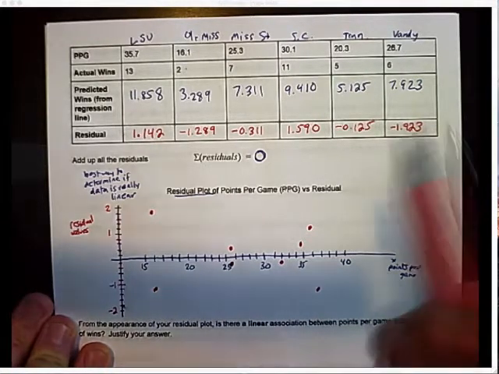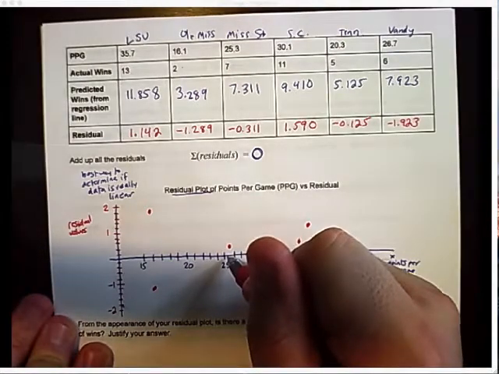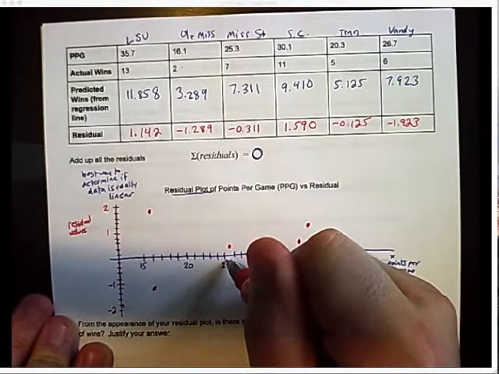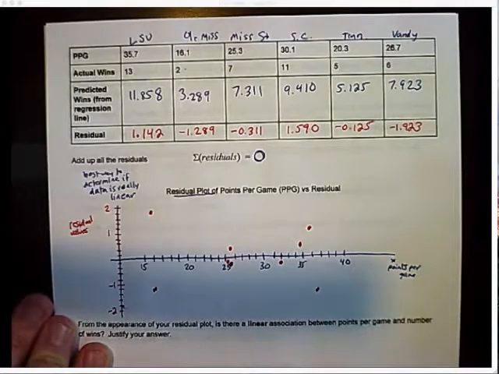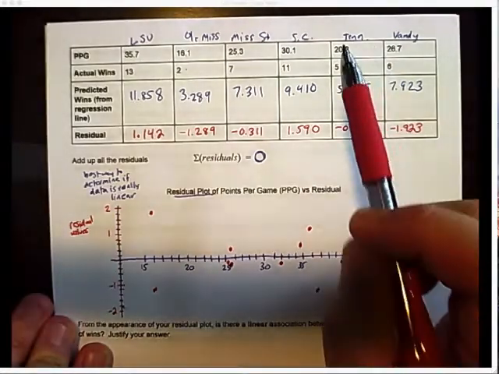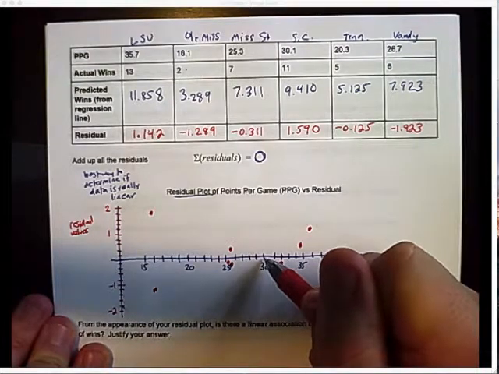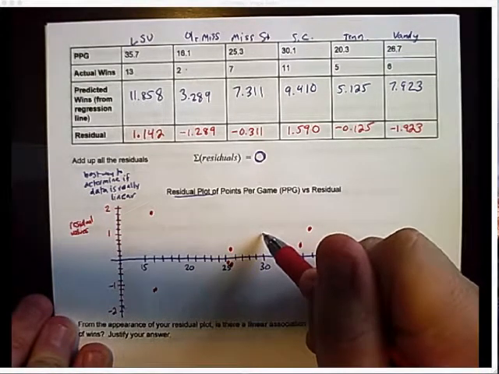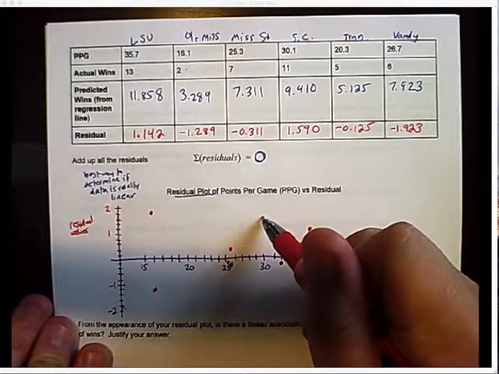Mississippi State 25.3, -0.3. So that's about right there. South Carolina, 30.1, which is about 30, and about 1.6. Right there.